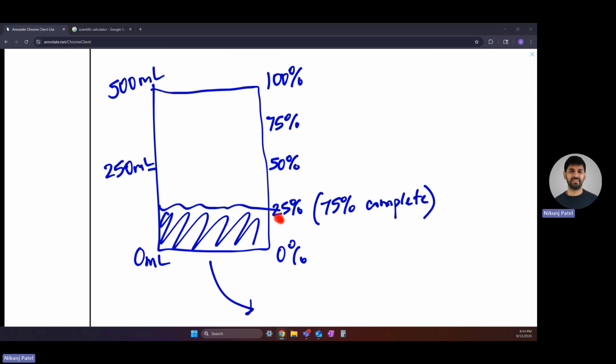Now we think about 25%. That's again half of the half. 250 milliliters was half of the entire thing. Now we just go one more halfway, between 0 and 250, and that's going to be 125 milliliters. So it's entirely a visual process here. We end up with 125 milliliters left.